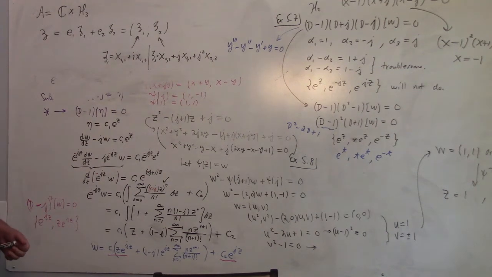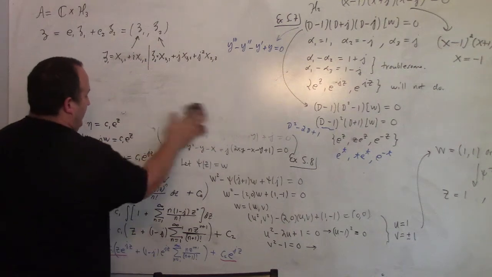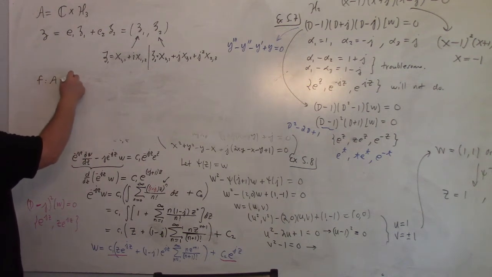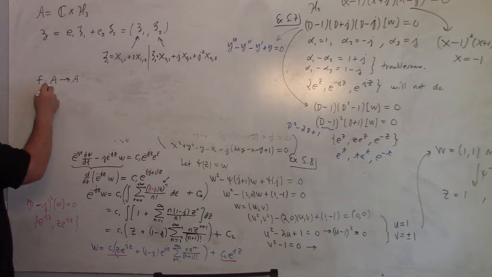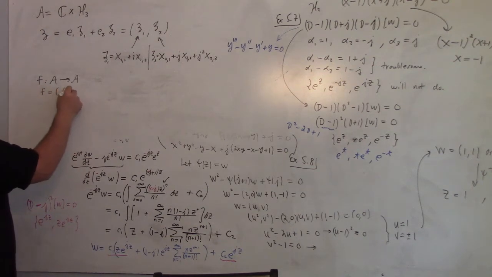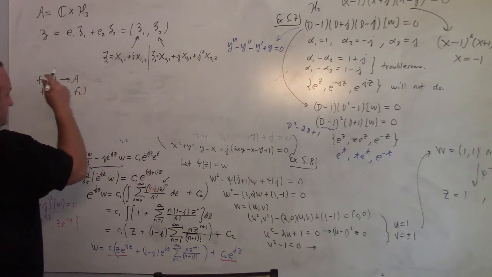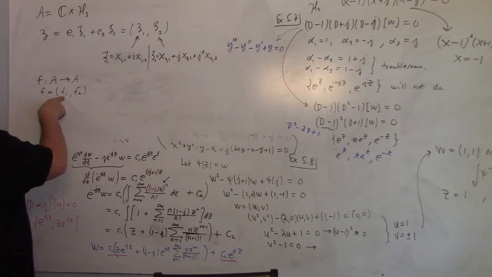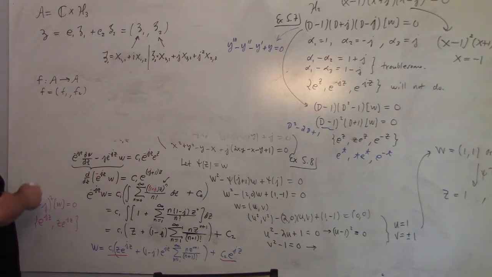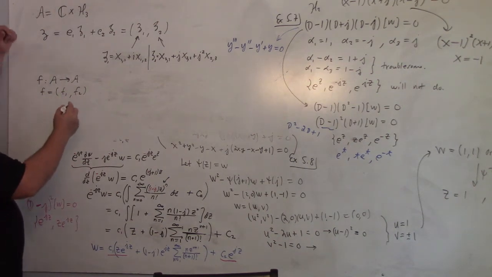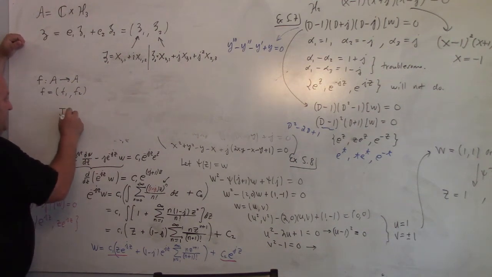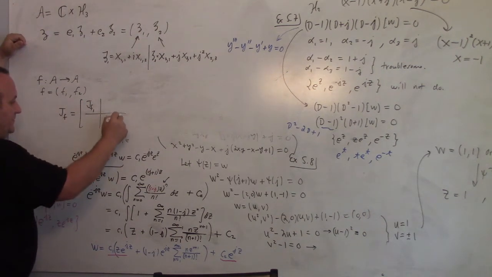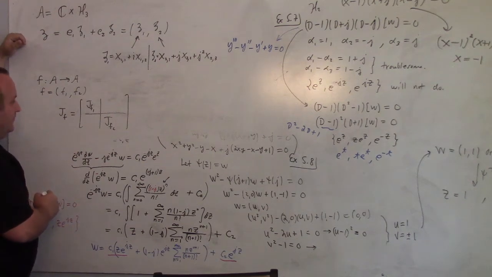And if I looked at a function which was A-differentiable here, and I write that function as f1, f2, where f1 is complex valued and f2 is H3 valued, then the Jacobian of f is going to look like the Jacobian of f1 and the Jacobian of f2 on the diagonal.